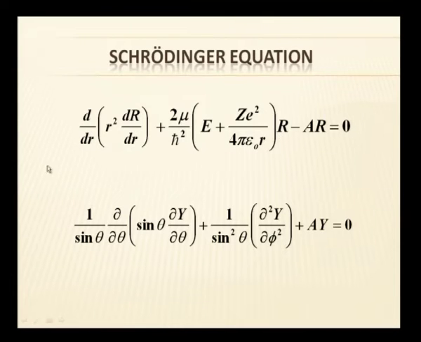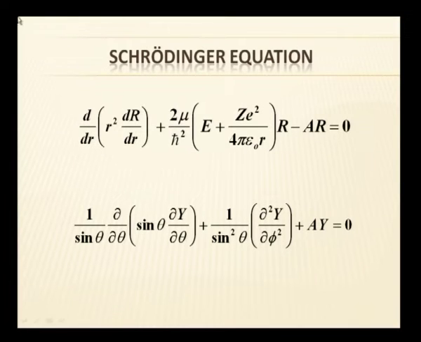The essence of the thing is this contains only r. So, this is the radial part of the Schrodinger equation. What I have written is that part of the Schrodinger equation which involves only r.